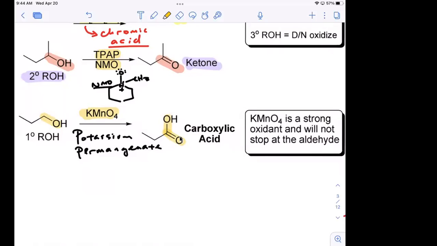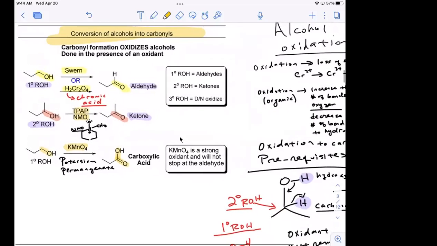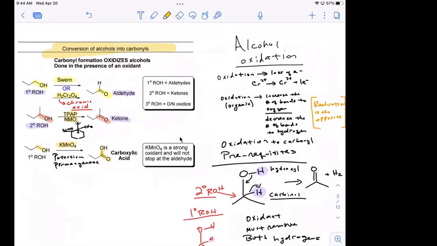So these four methods are used to oxidize alcohols to carbonyls. If you've got a primary and you want an aldehyde, you can use the Swern or you can use the chromic acid. If you have a secondary and you want to oxidize that up to the ketone, then you use something like TPAP and NMO. There are other methods, but this is one that's routinely used for secondary alcohols.